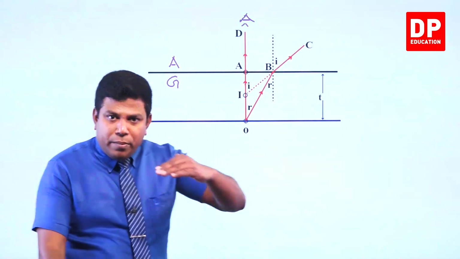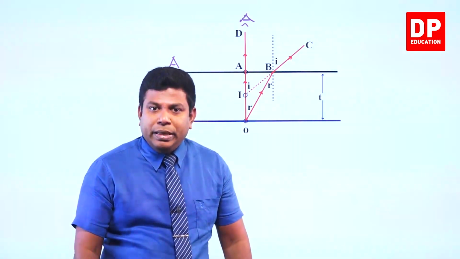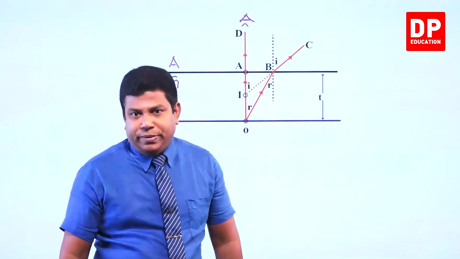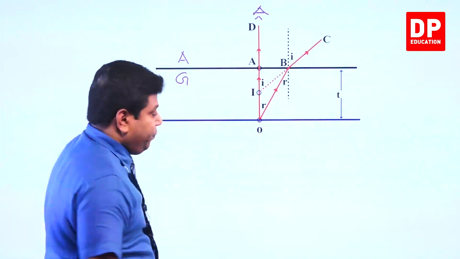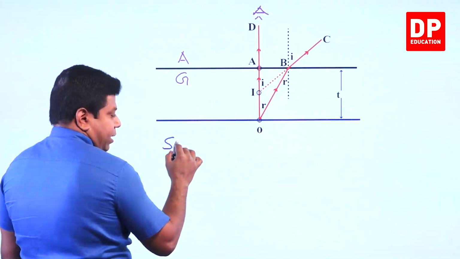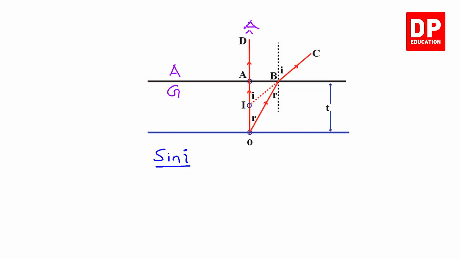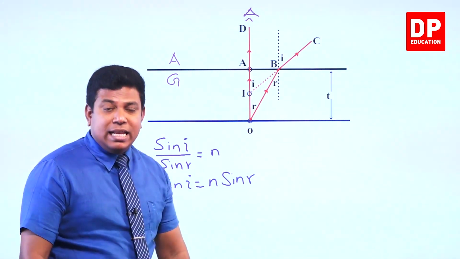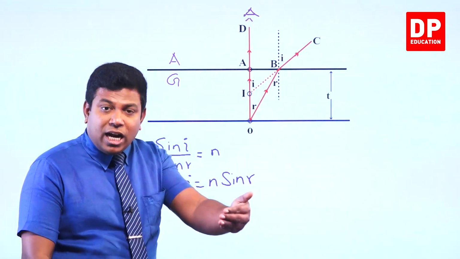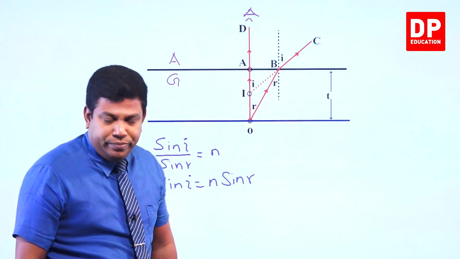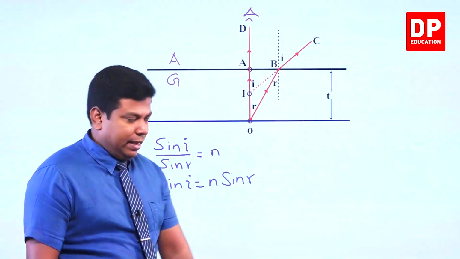So you know that when a ray travels from one medium to another medium, we have an equation: sin I over sin R equals N. From this I can say sin I equals N sin R, where N is the refractive index of the second medium with respect to the first medium, which is a constant.